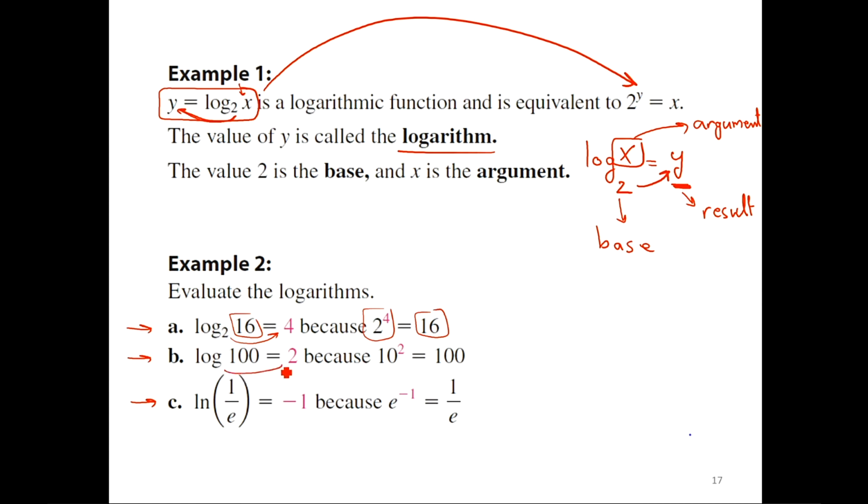So 10 to the power 2 equals what? 100. This is a logarithm with base e: e to the power negative 1 equals what? Inside the logarithm, 1 over e. Okay, any question about this slide? Any question?